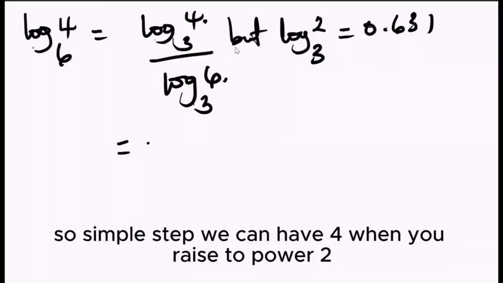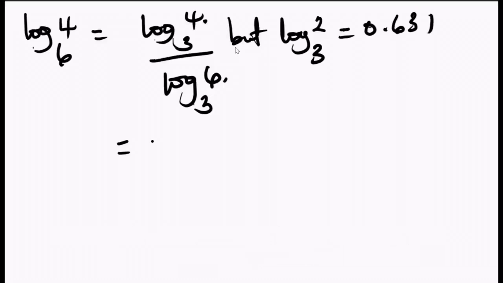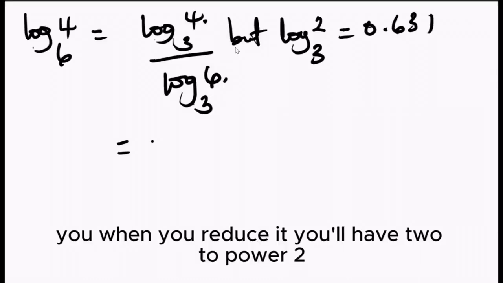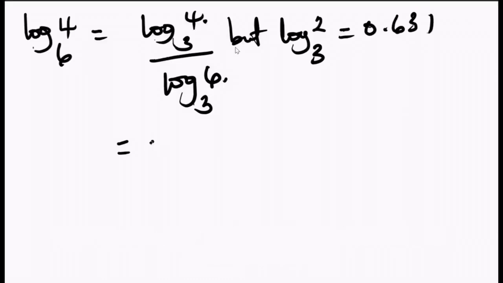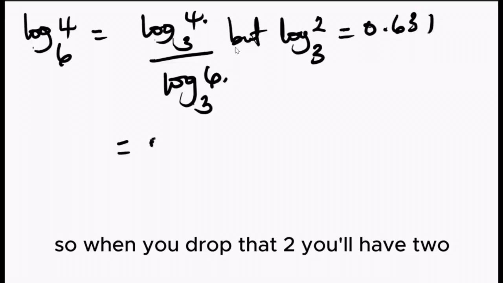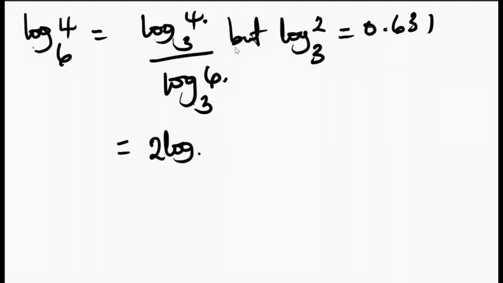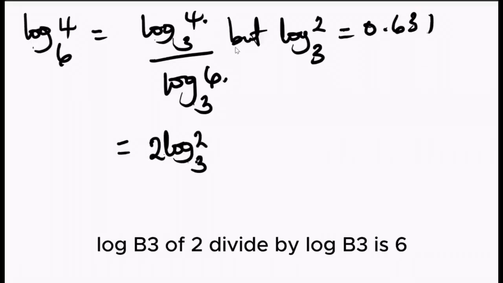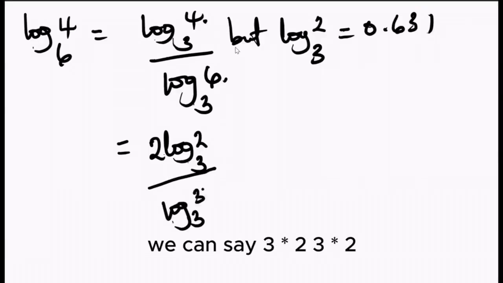So simple step, we can have 4 as 2 to power 2. When you drop that 2, you will have 2 log base 3 of 2 divided by log base 3 of 6. We can say 6 is 3 times 2.